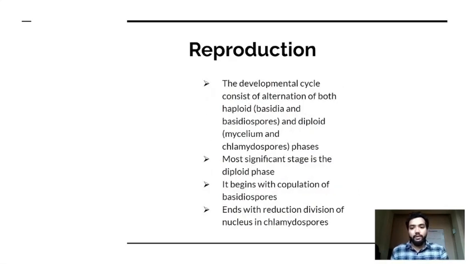If we come to the reproduction of this order, the development cycle consists of alternation of both haploid phases, that is the basidia and basidiospores, and diploid phases, that is the mycelium and chlamydospores. The most significant phase is the diploid phase. It begins with copulation of basidiospores and ends with reduction division in the nucleus in chlamydospores.